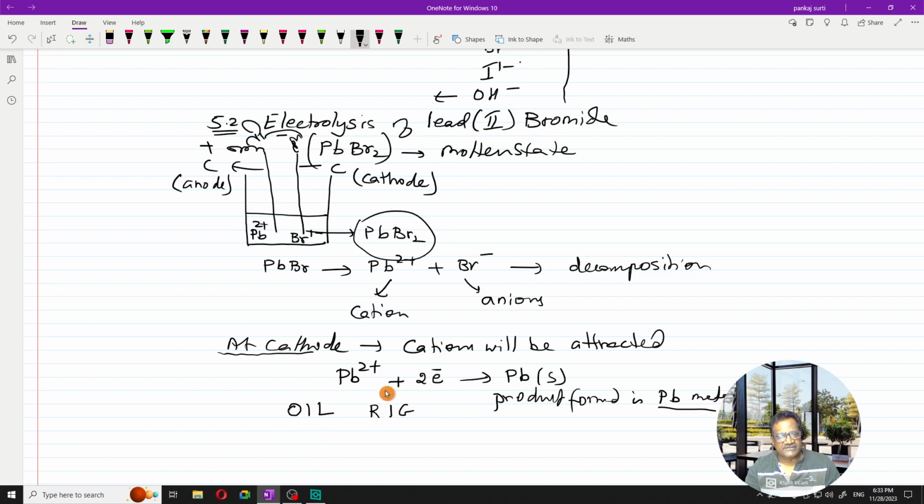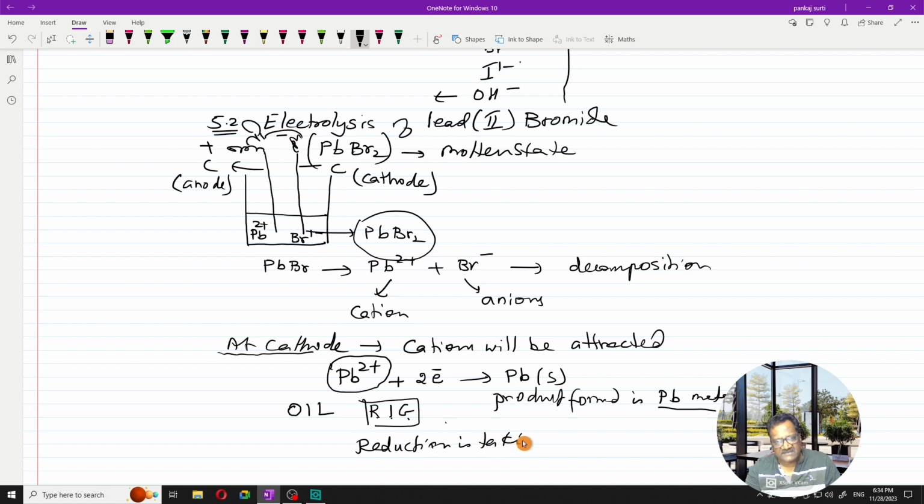Here this lead ion, the cation, is accepting electrons from the cathode, so it is gaining electrons. Lead 2+ gaining electrons is nothing but reduction. So at the cathode, reduction is taking place.